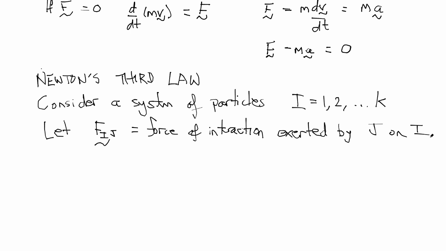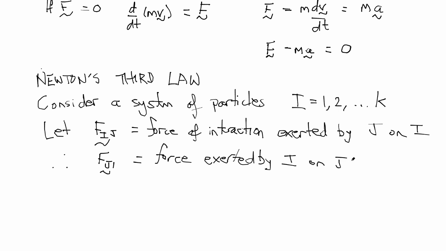And therefore, Fji must equal the force exerted by i on j. And these, of course, are both vectors. So Newton's third law amounts to, for every action, there's an equal and opposite reaction. For every Fij, there's an equal and opposite Fji.